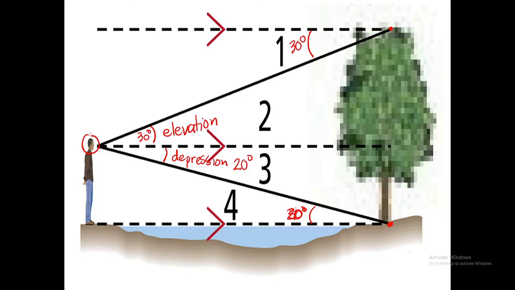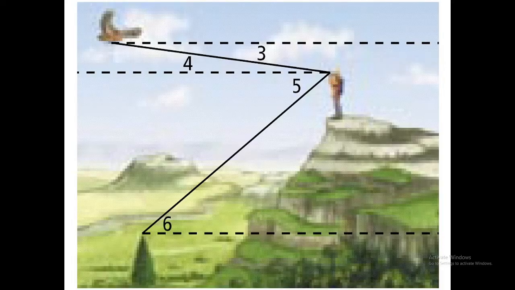Let's have another problem. Let's have another figure over here. Where is the angle of elevation? Is it 3, 4, 5, or 6? It's angle 4. This is the angle of elevation. And take note, angle 4 and angle 3 have the same measure.